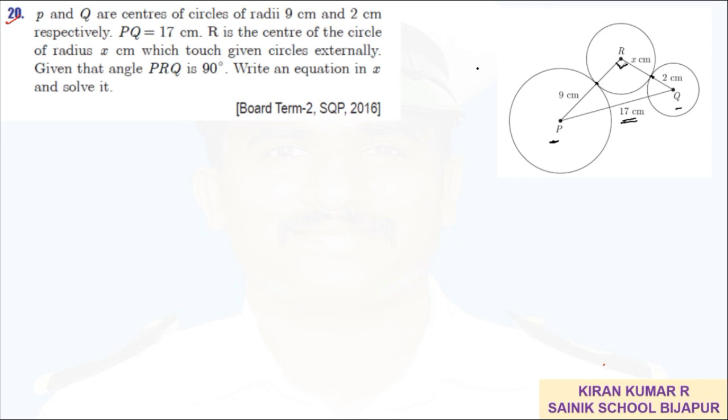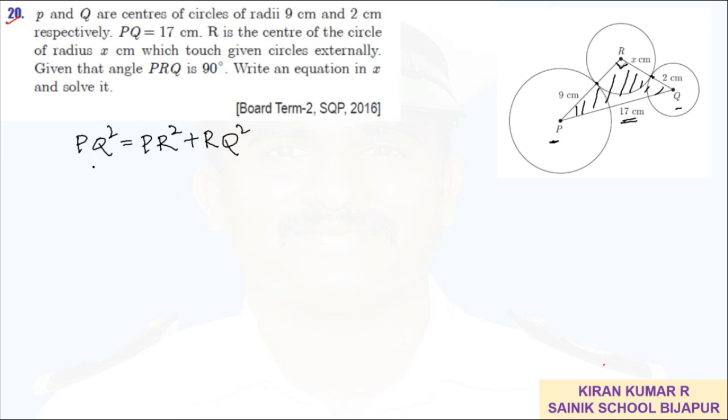So observe properly this triangle which is there inside. It's a right-angled triangle. So we know in a right-angled triangle we can make use of Pythagoras theorem. If you use Pythagoras theorem here, we have the square on the hypotenuse PQ square equal to the sum of the squares of the other two sides, PR square plus RQ square.